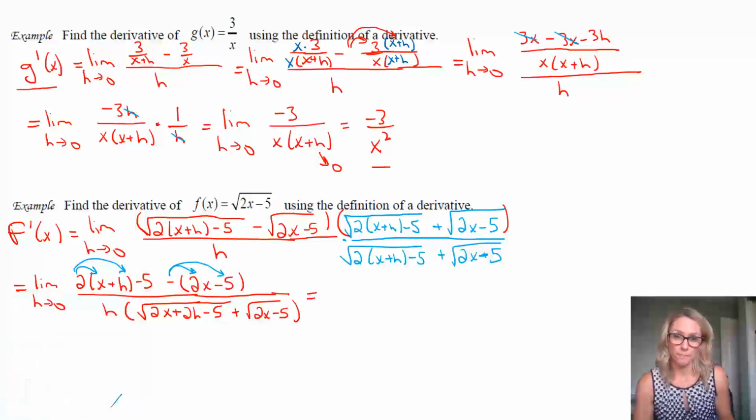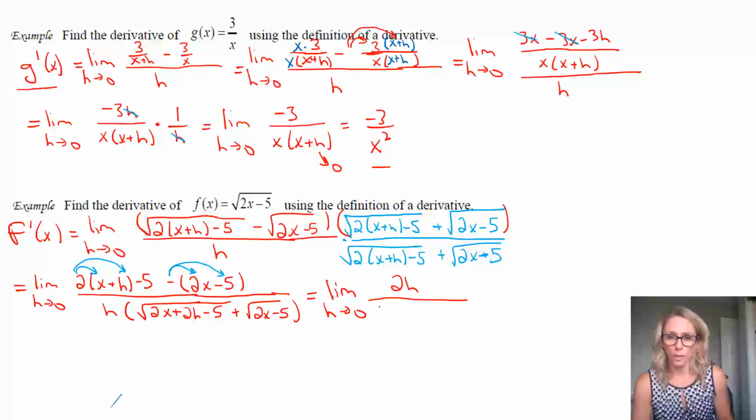This is the point. So when we have the limit as h goes to 0, notice that what we have left is, because we subtract the 2x, and the minus 5 and the plus 5, all we have left is a 2h in our numerator, and then of course the crazy denominator. There's a lot to this denominator.